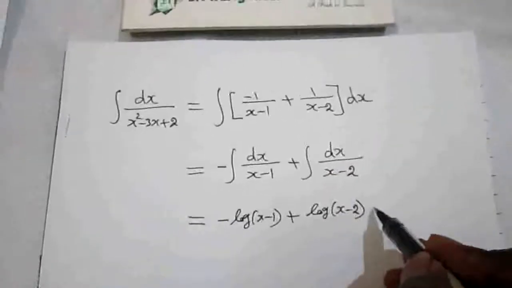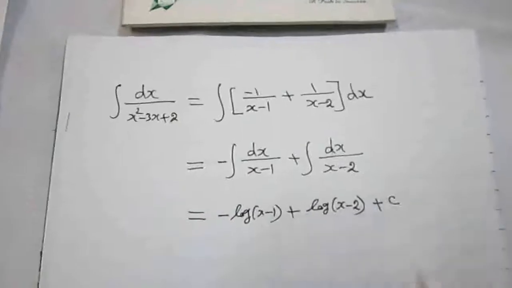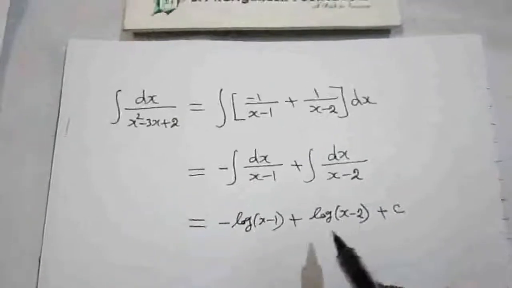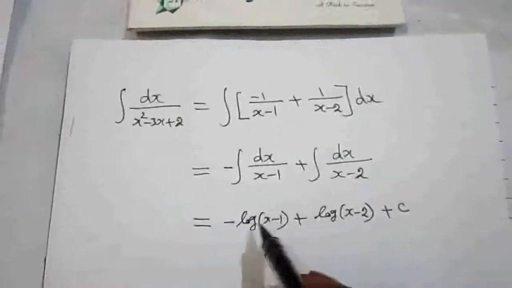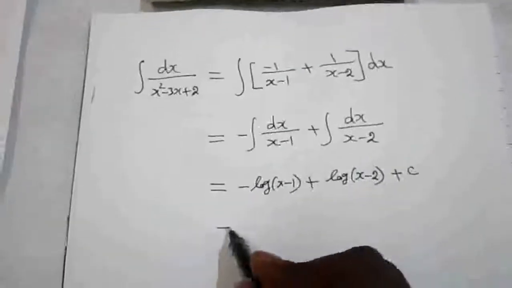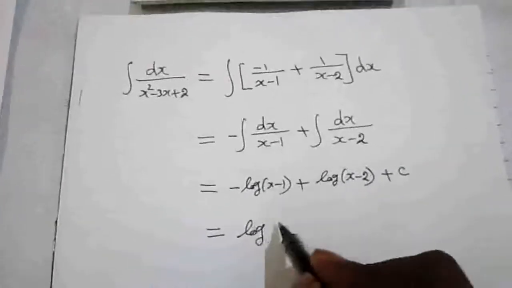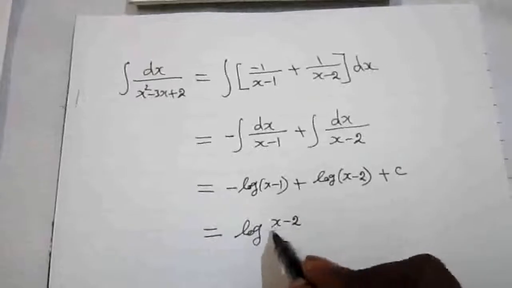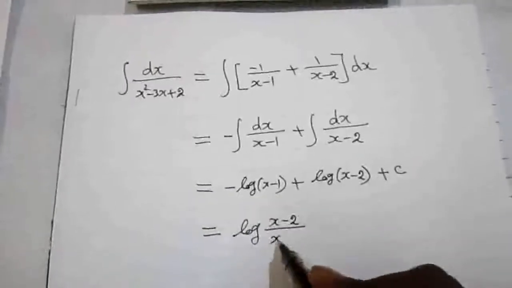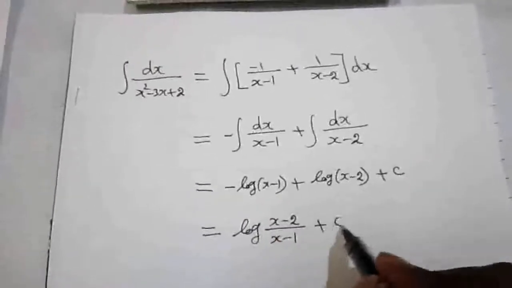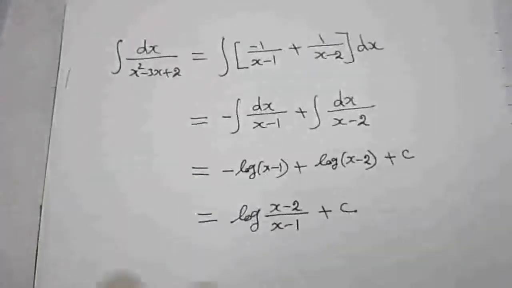Now you can write the integral constant as c. We know the formula log m minus log n is log of m by n. So the answer is log of (x minus 2) by (x minus 1) plus integral constant c. So this is the answer of the problem.